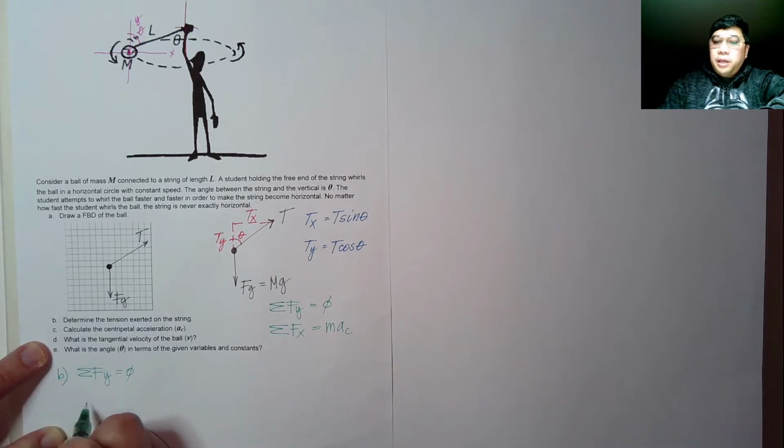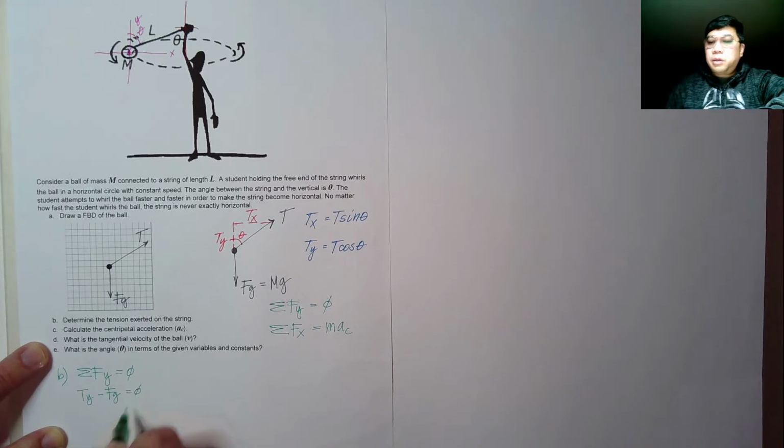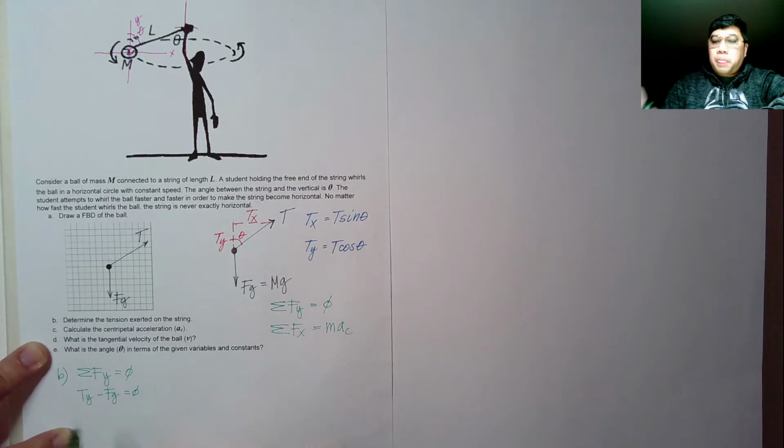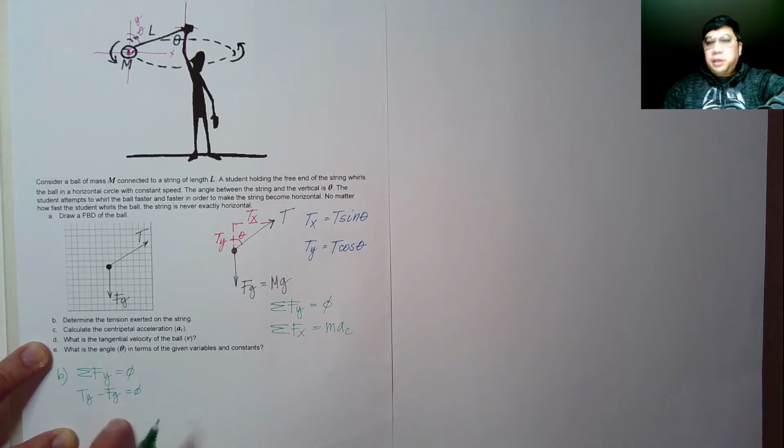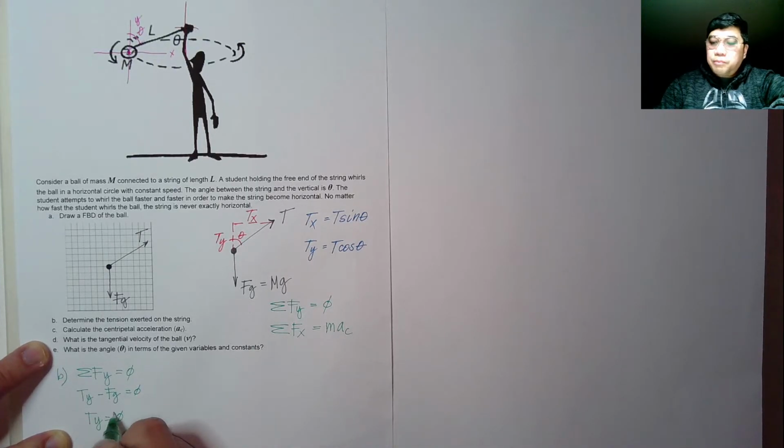T sub y is positive minus F sub g equals 0. Now we can move F sub g to the other side of the equation, so T sub y equals F sub g.